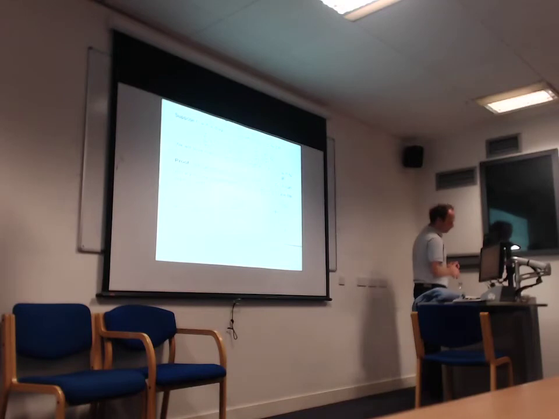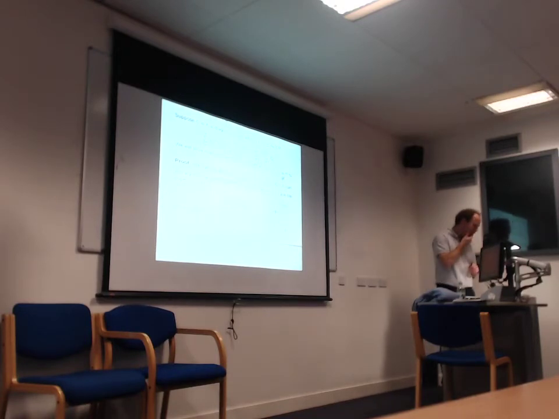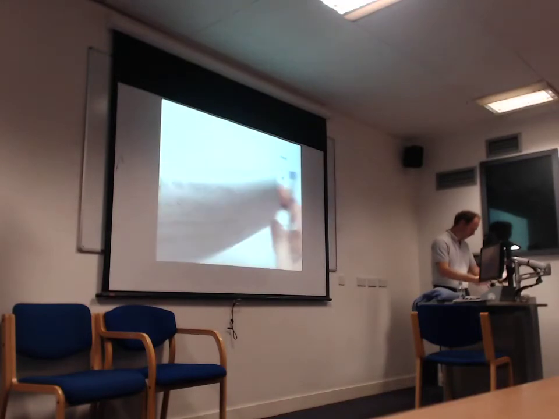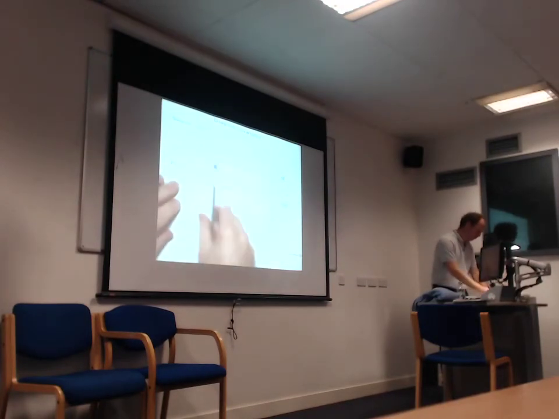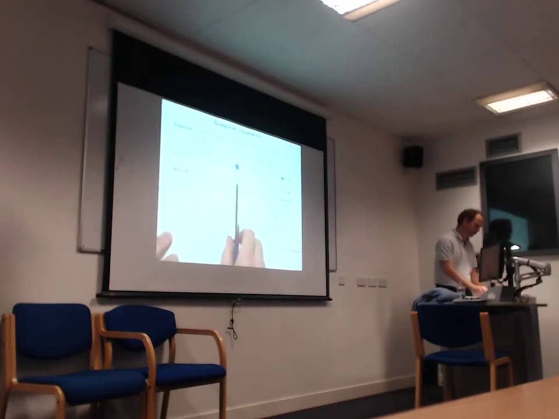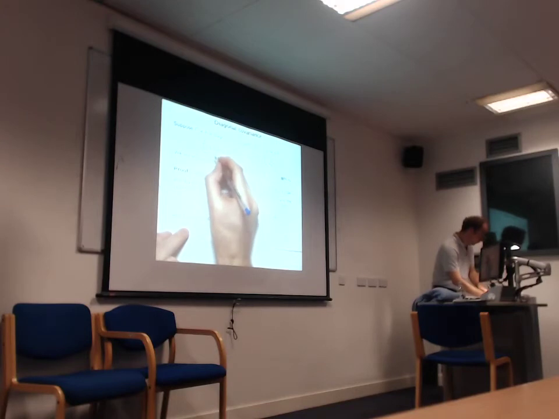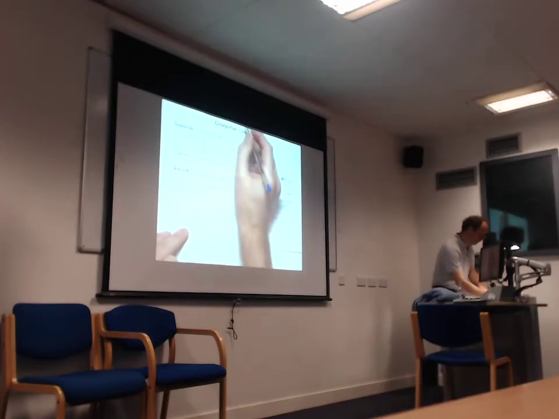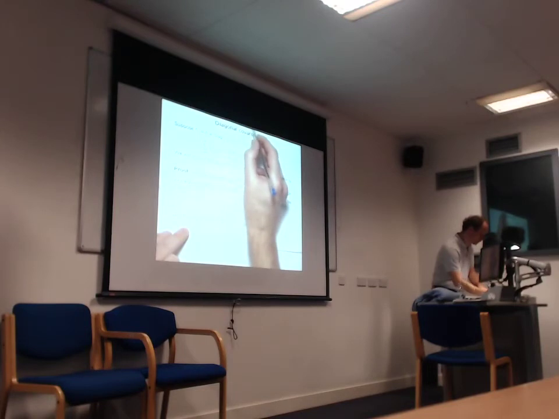In that case, the covariance matrix is diagonal, and our objective function simplifies to this one.